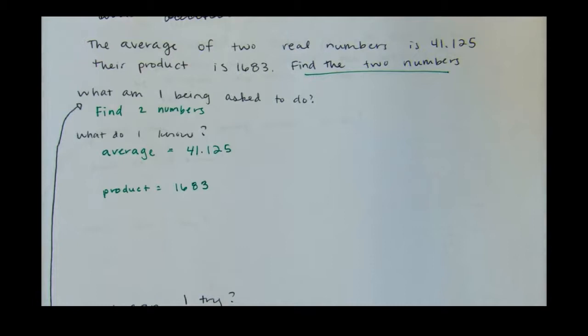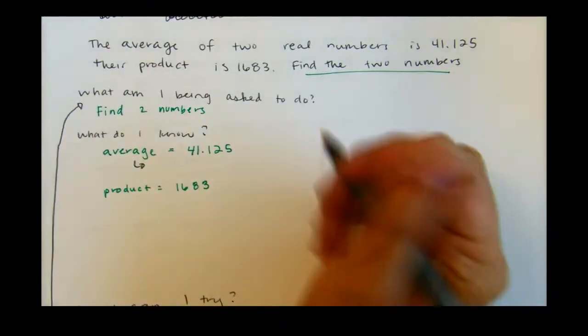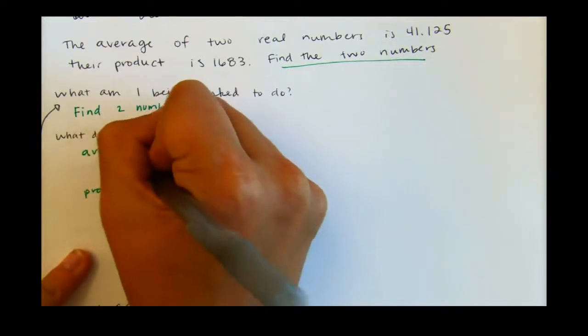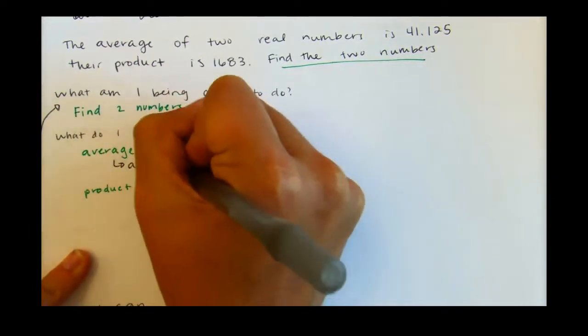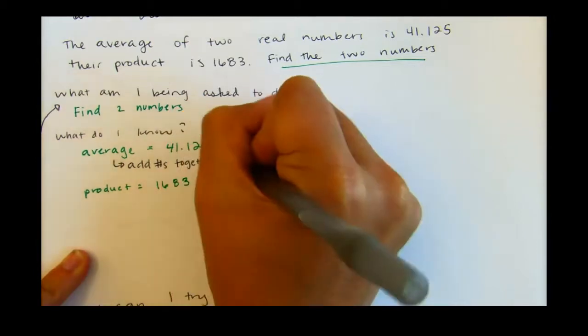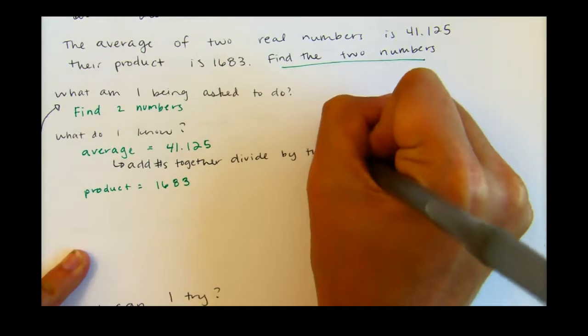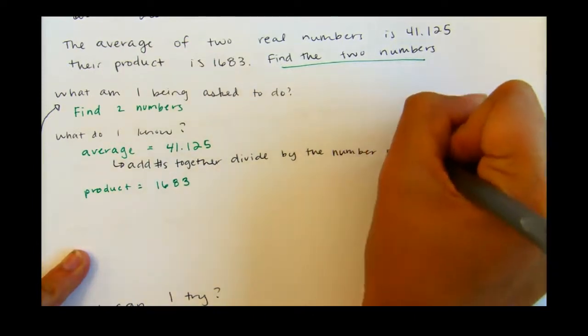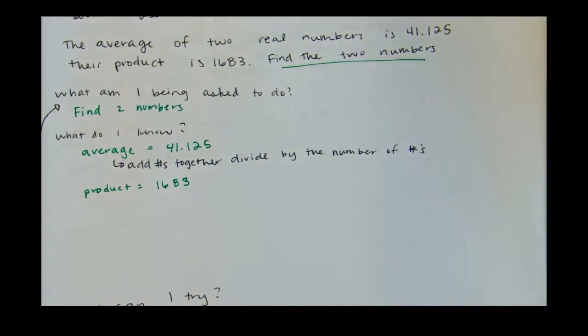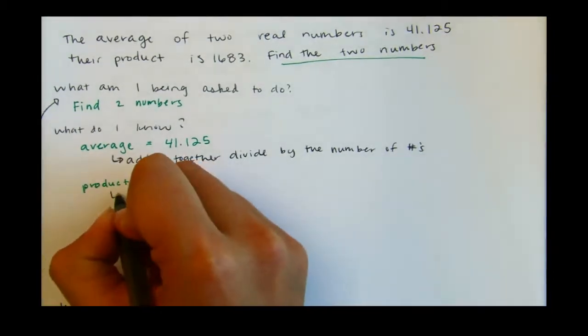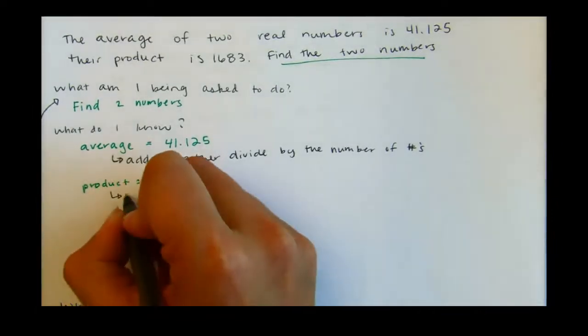If I'm going to define these two words, hopefully you have an idea of what they mean in your head. When you see the word average, you're going to add your numbers together and divide by the number of numbers you have. When I'm taking the product of numbers, I'm multiplying them.